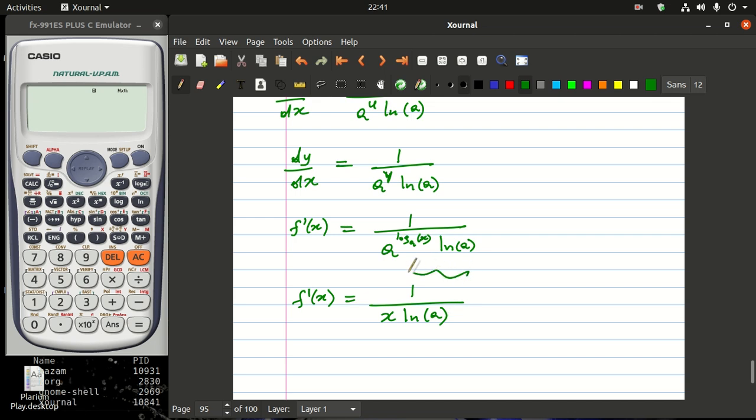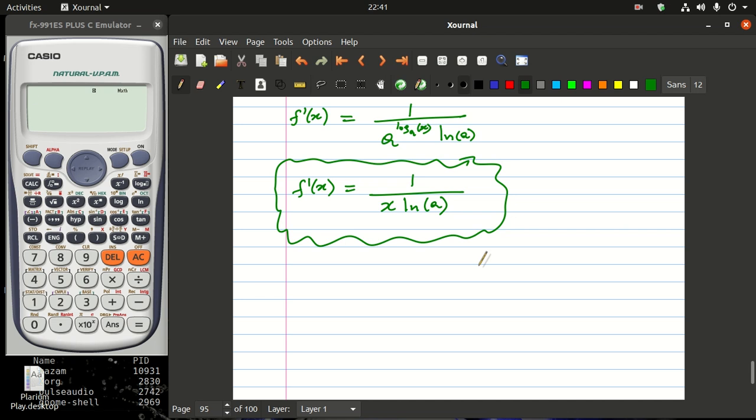So what does this simple thing mean? It means that whenever I have the derivative with respect to x of log base a of x, this is always going to be equal to 1 divided by x times ln of a.